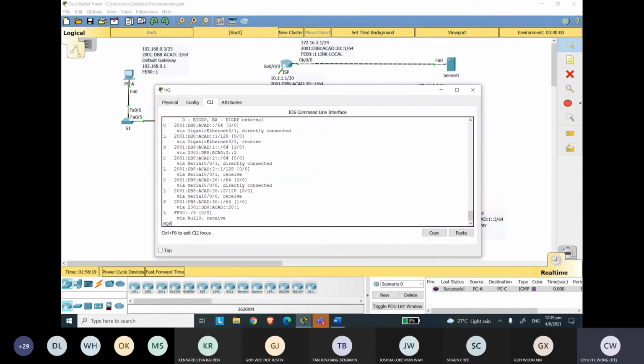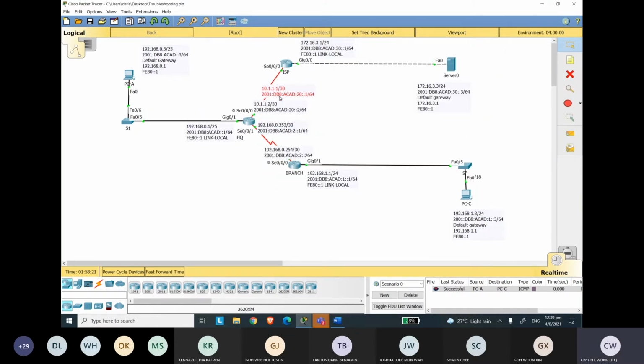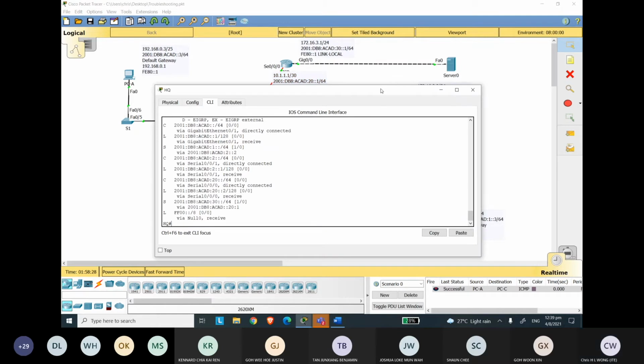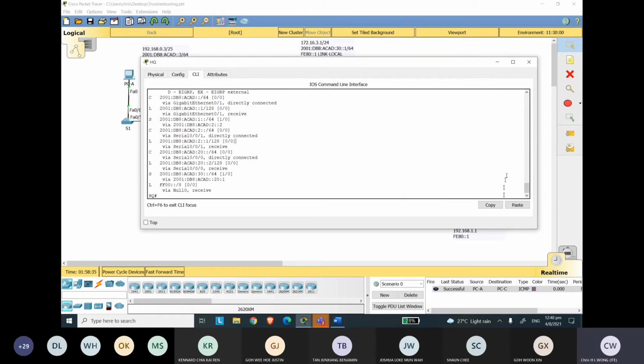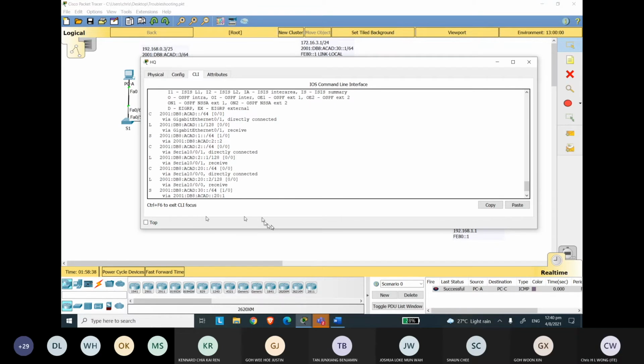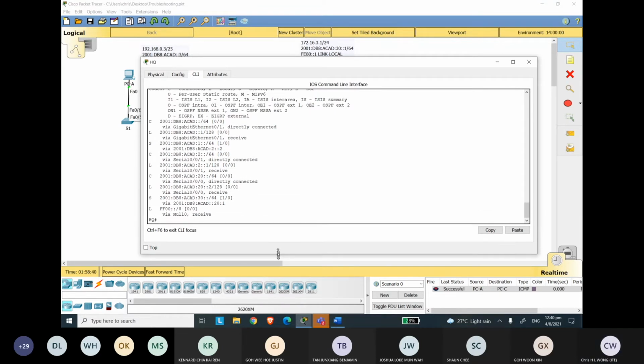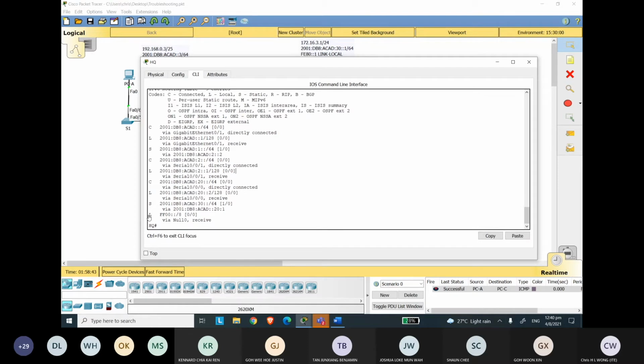Study this one. I also need to study what is inside there.